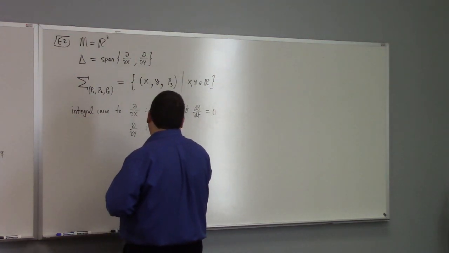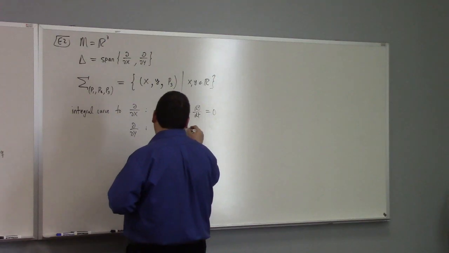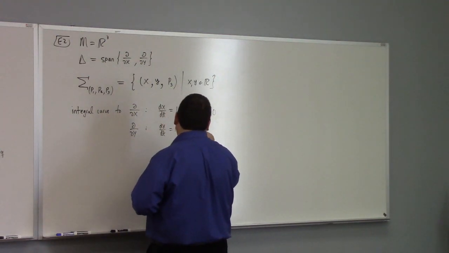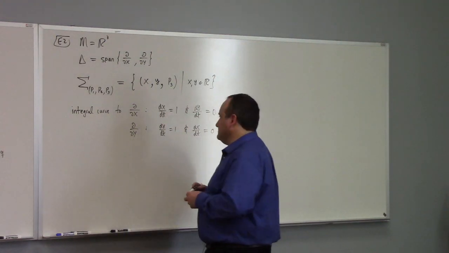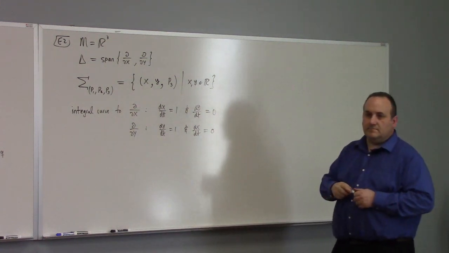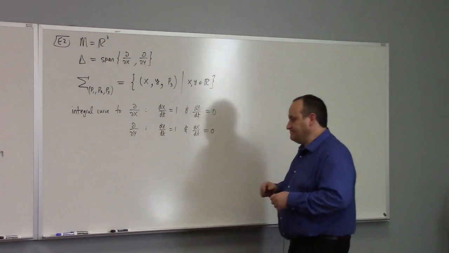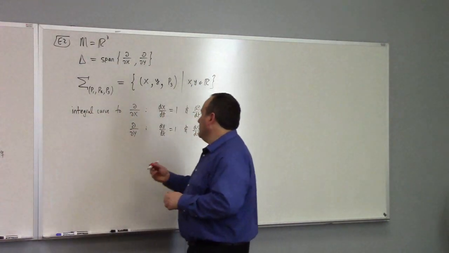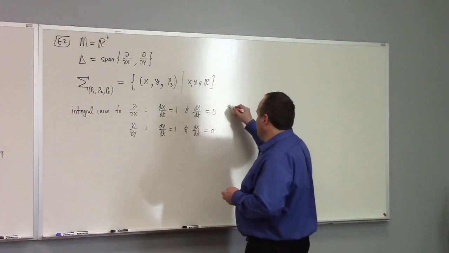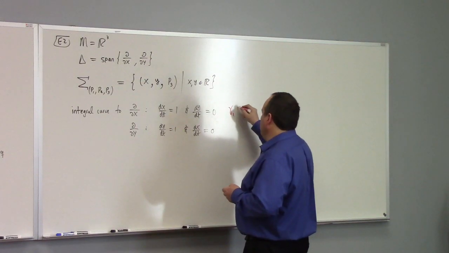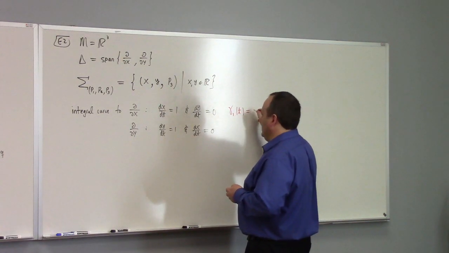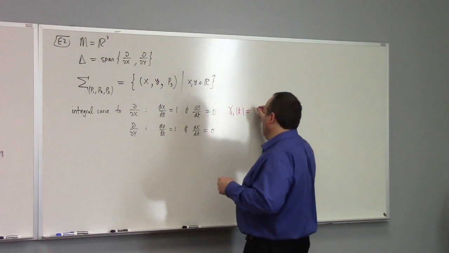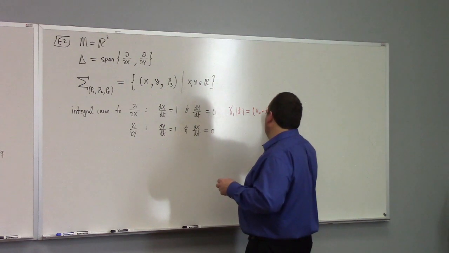There we got ourselves dy/dt equals 1 and dx/dt equals 0. So my integral curve, I'll call it gamma 1 of t, would just be, I guess, x naught plus t, comma y naught.